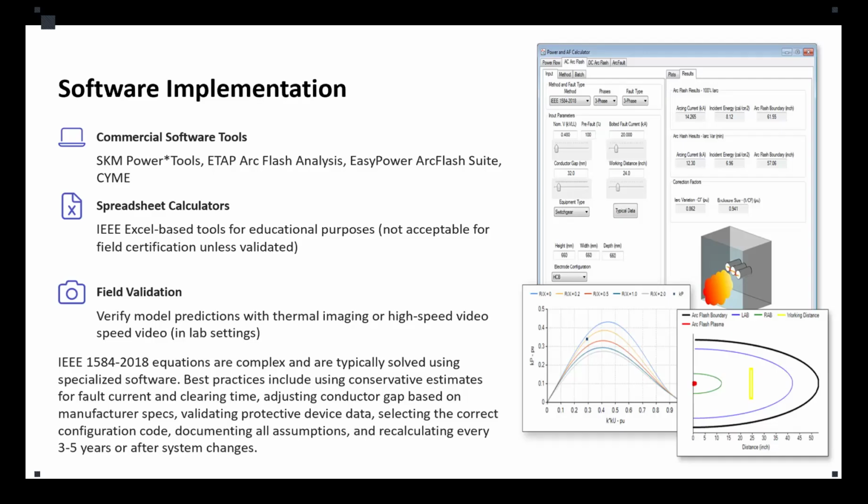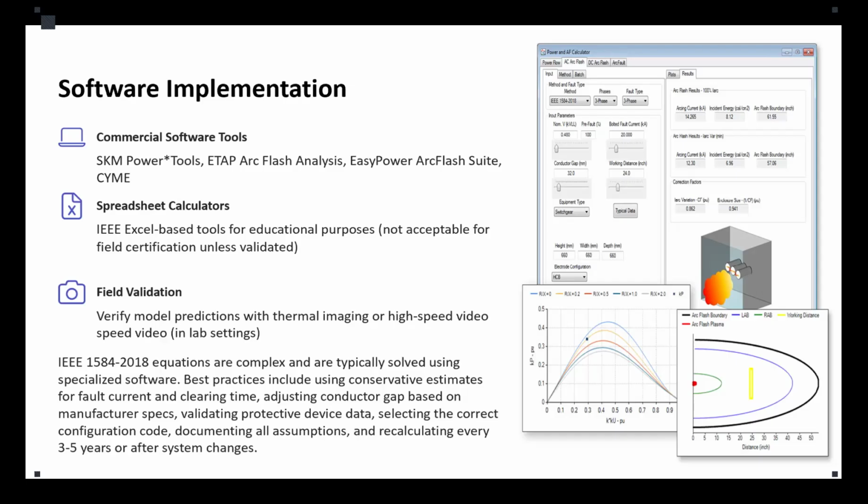Now we have two main categories of tools within this standard. One is commercial software platforms. These are industry standard tools that utilities, consultants, and engineers use for arc flash analysis. For example, SKM Power Tools for Windows, ETAP, EasyPower Arc Flash Suite, and CYME Power Engineering Software.